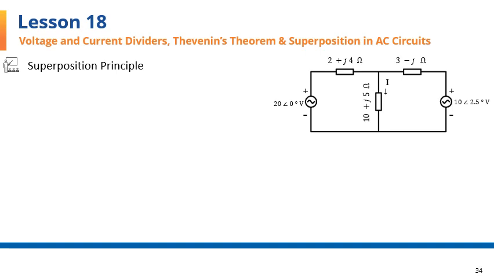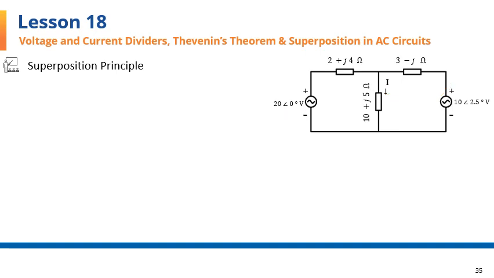For this example, again, we're asked to find the current through the center impedance. I'll first zero out the voltage source on the right, this one, and find the current through the center impedance due to the 20 volt source alone.